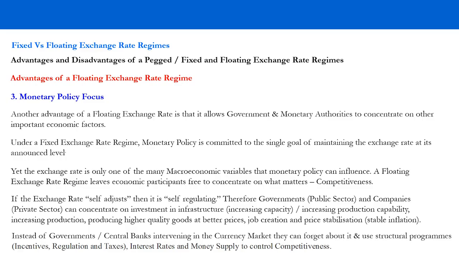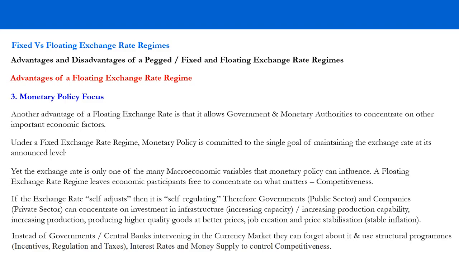So, for example, under a fixed exchange rate regime, monetary policy is committed to the single goal of maintaining the exchange rate at the announced level. But the exchange rate is only one of many macro variables that monetary policy can influence.